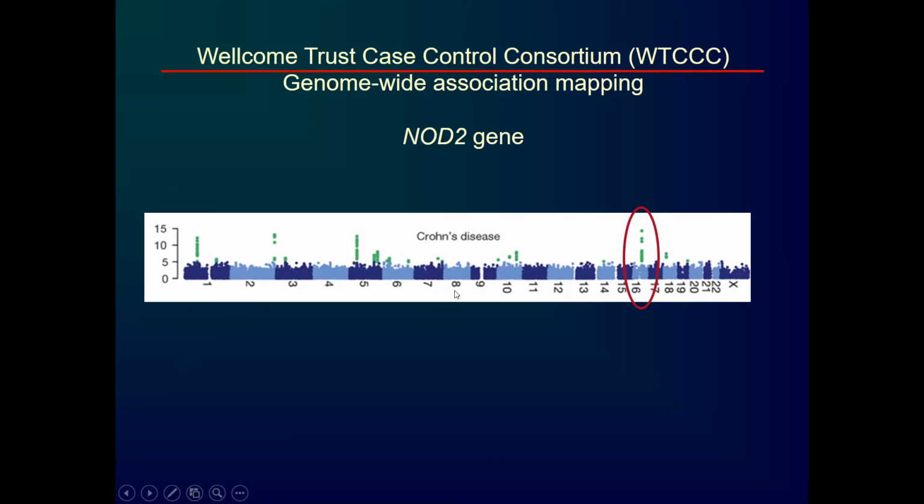Even though they used a large number of patients, approximately 2,000, and approximately 3,000 controls that don't have the disease, they still found NOD2, but it had already been shown previously with linkage. Linkage didn't identify these other signals here, but it was powerful enough to identify NOD2.